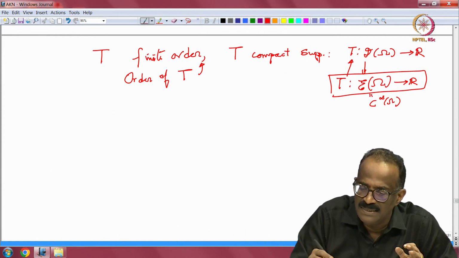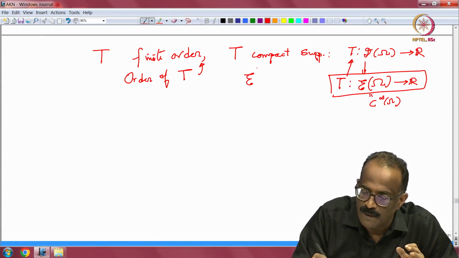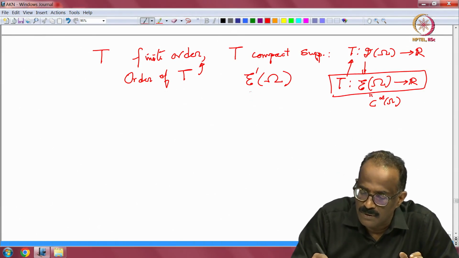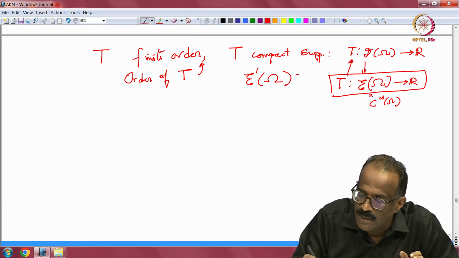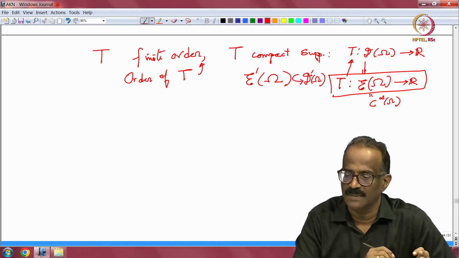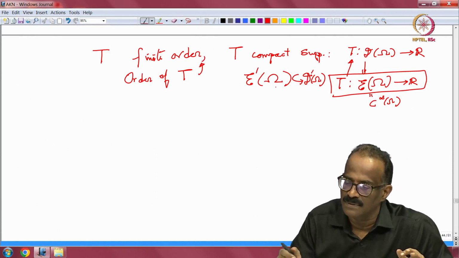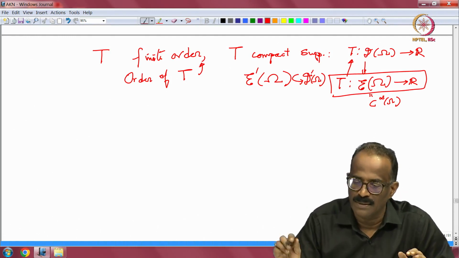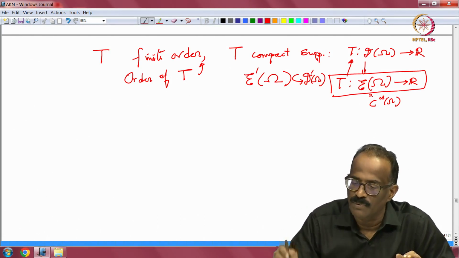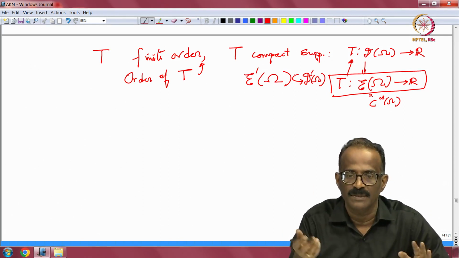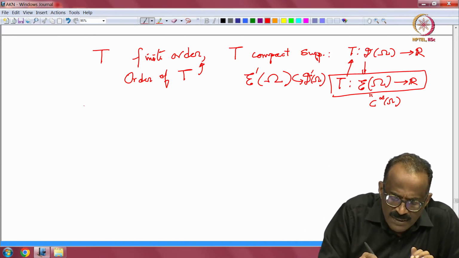So that essentially means that distributions with compact support can be identified with E prime of omega. Since D(omega) is contained in E(omega), and you also have a topology, you have this inclusion: if phi converges to 0 in D(omega), then it converges to 0 in E(omega). Because E(omega) is a bigger space, E prime will be a smaller space. So, we will see one more result, a theorem.